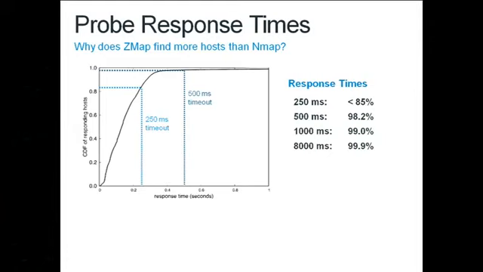ZMap, because we're using this asynchronous design where we don't have any per-connection timeout, will just accept the response when it eventually comes back, if it comes back before the entire scan run terminates. That allows us to see these very long delayed responses. This is why we're able to get even higher coverage, even though we're using what's probably a much more aggressive means of doing an internet-wide scan.